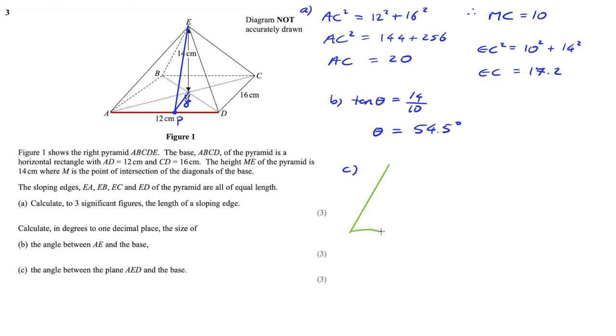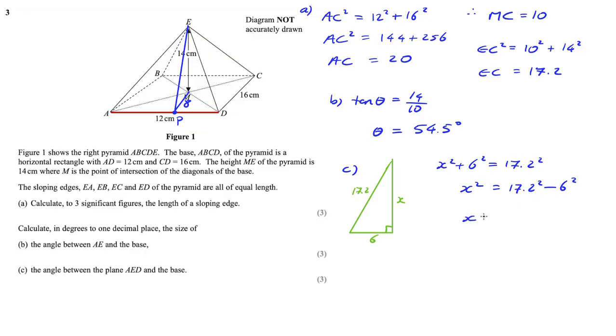Okay, so let's use green. This triangle here, this has to be 6 because it's half of that 12. This we know is 17.2, the answer to A. And this length is what I'm trying to get. Let's call it x. So x squared plus 6 squared equals 17.2 squared.